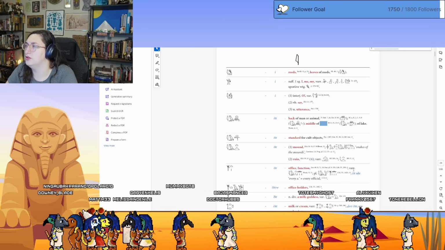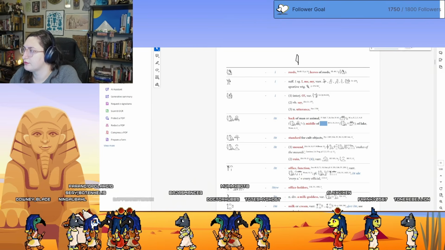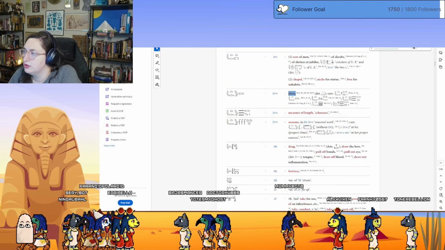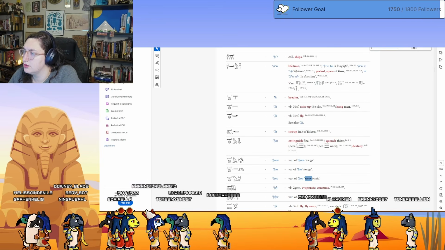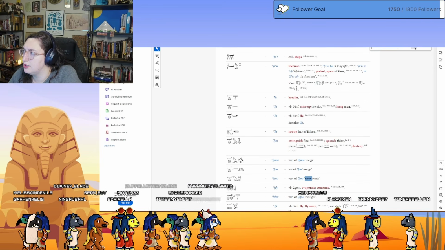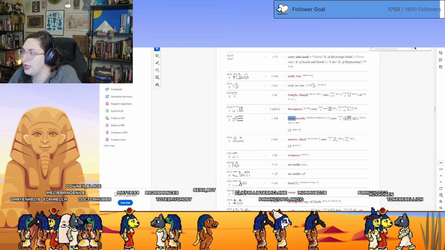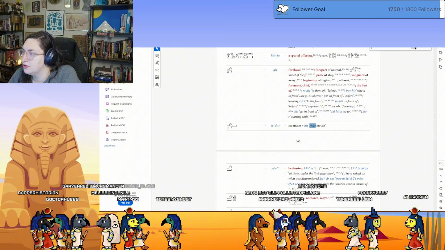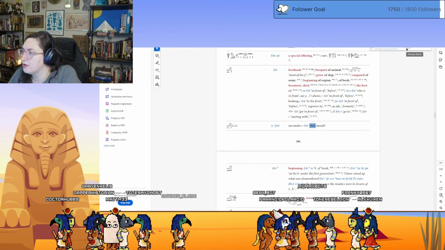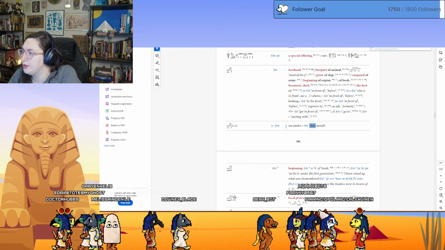river. The X means that it's actually an H word. Oh wait, that was it. Maybe.